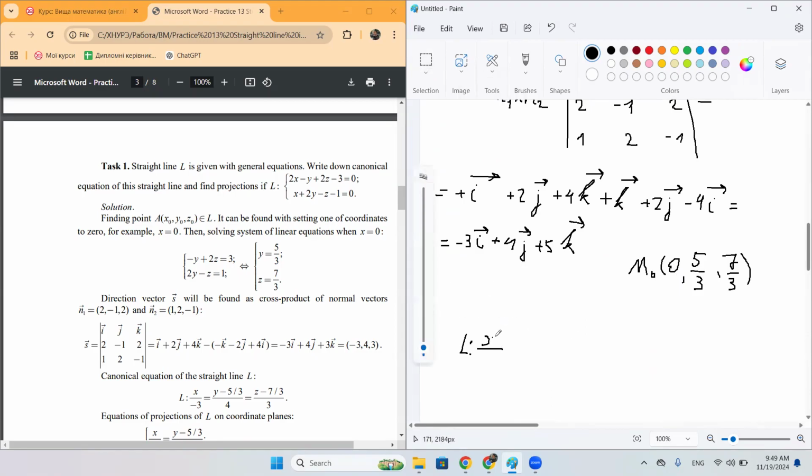So x divided by minus 3 equals y minus 5 by 3 divided by 4 equals z minus 7 by 3 divided by 5.